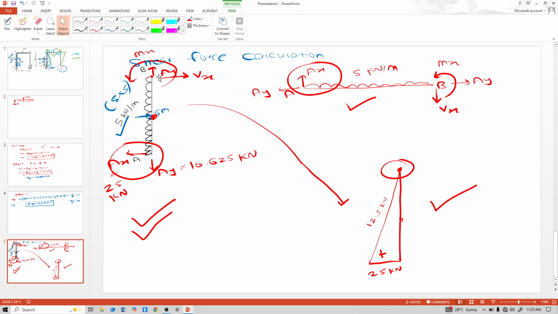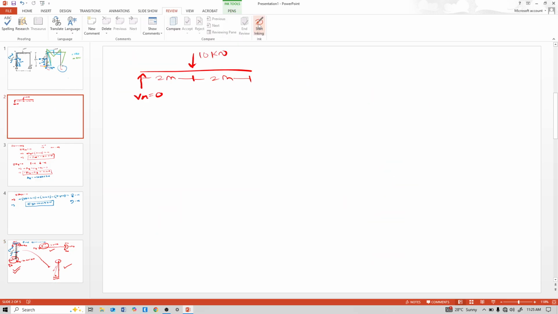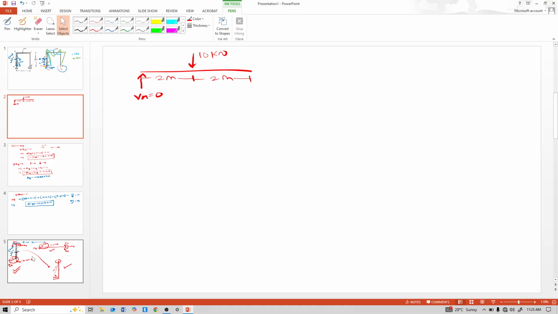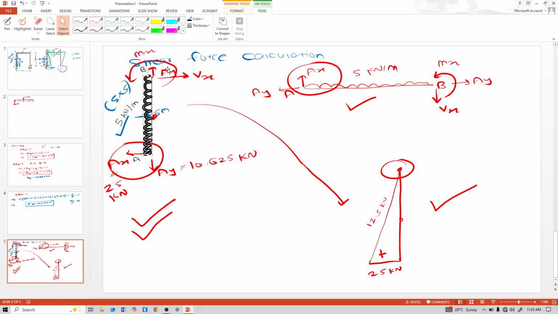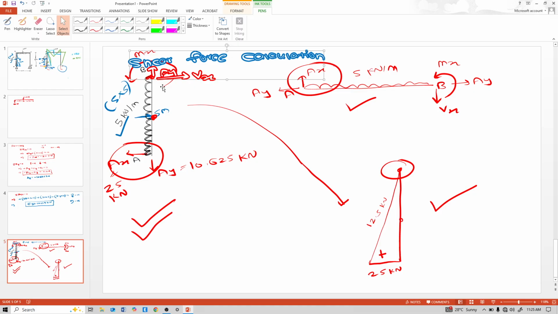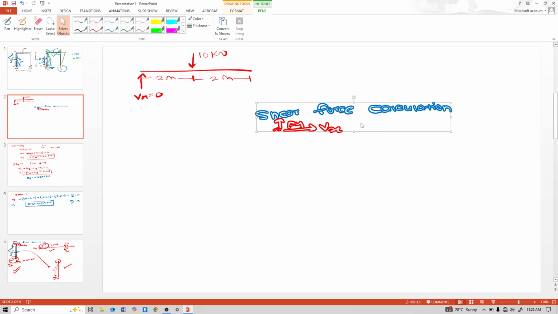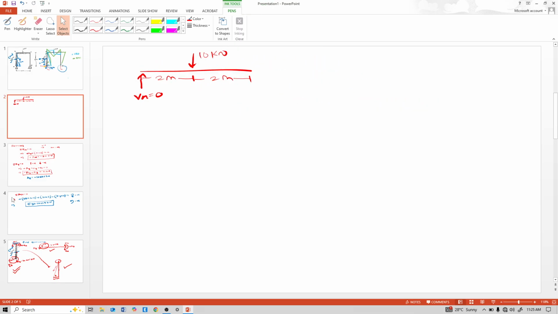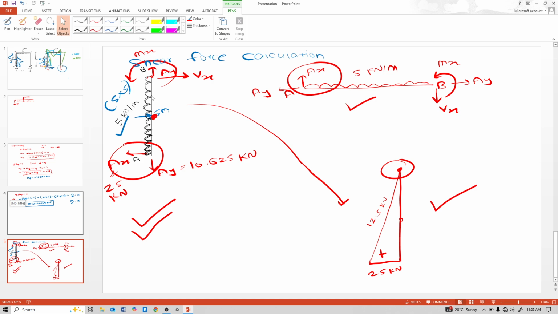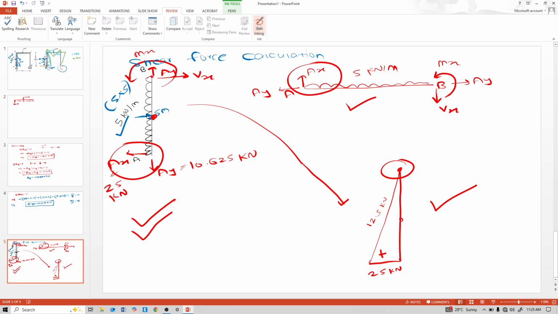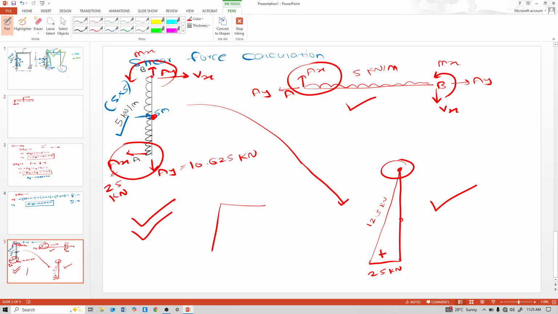See, AY is vertical upward. See here, this is a frame structure. That means this is like this structure.